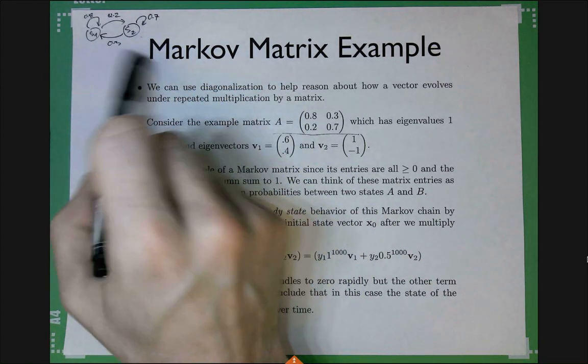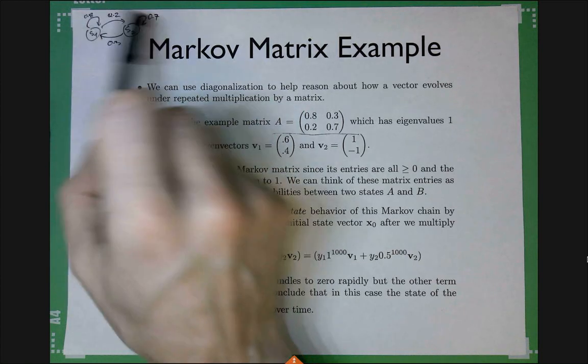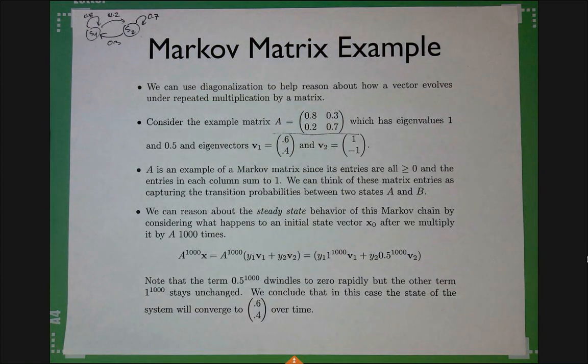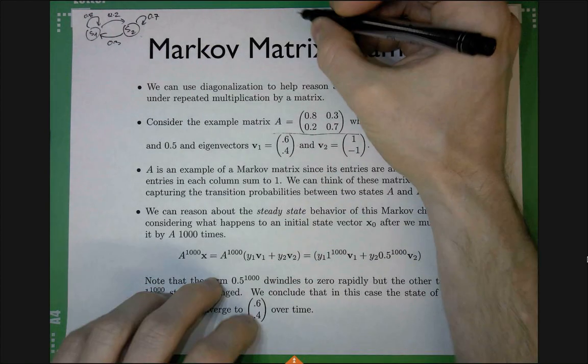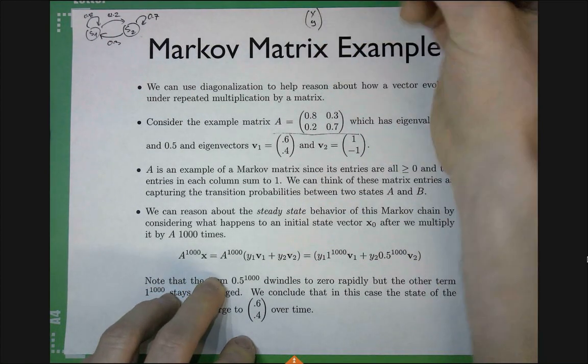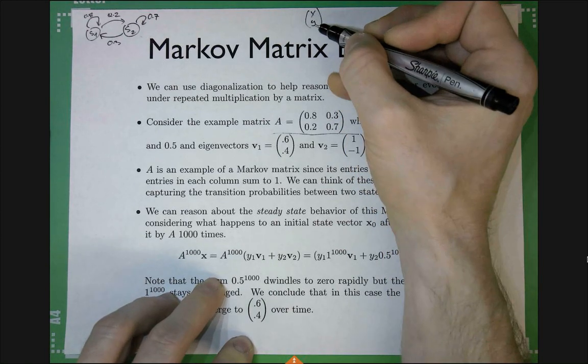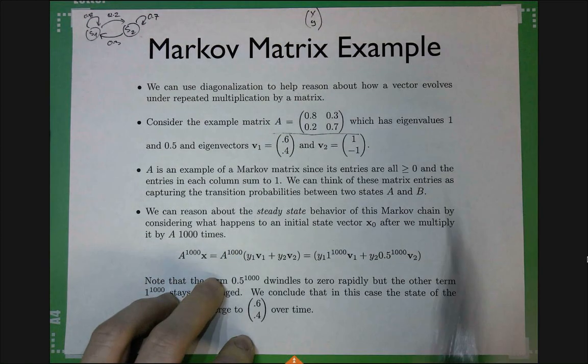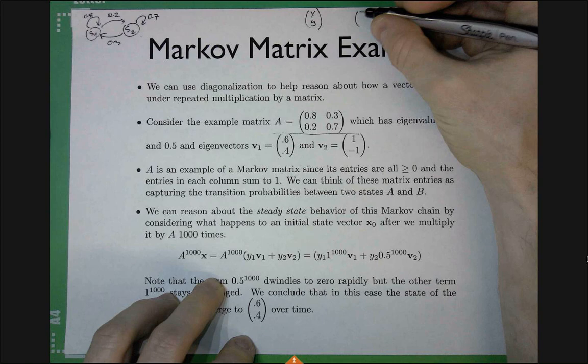What will be the distribution of the ants in these states after a long time? If it converges to something, that's interesting, and if it does, what does it converge to? So let's take a look. If I have some initial distribution with x and y, so for example 500,000, right? After one step, what is going to happen?